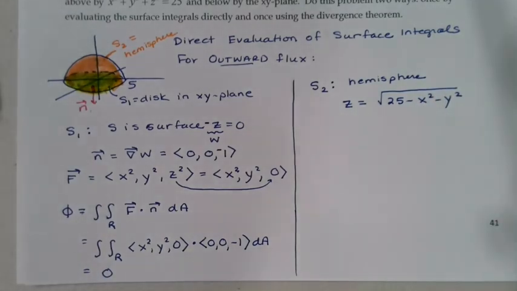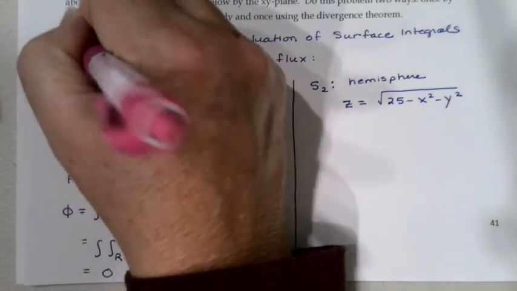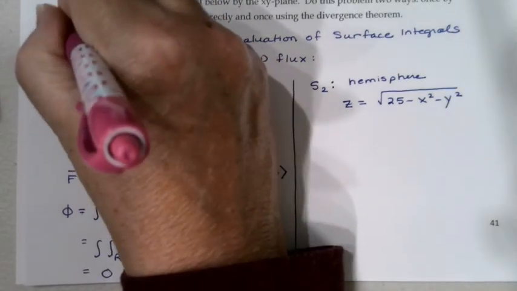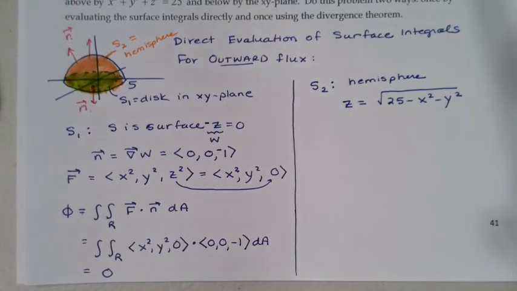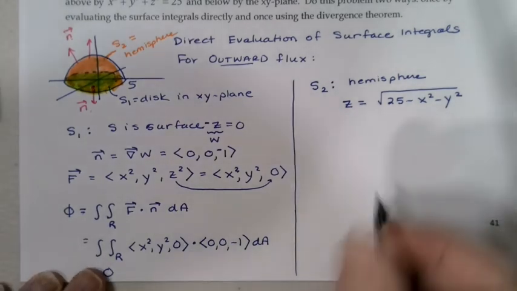And let's see, the outward normals this time are going to have positive z values. They're all pointing upward. So I should keep the positive z this time.